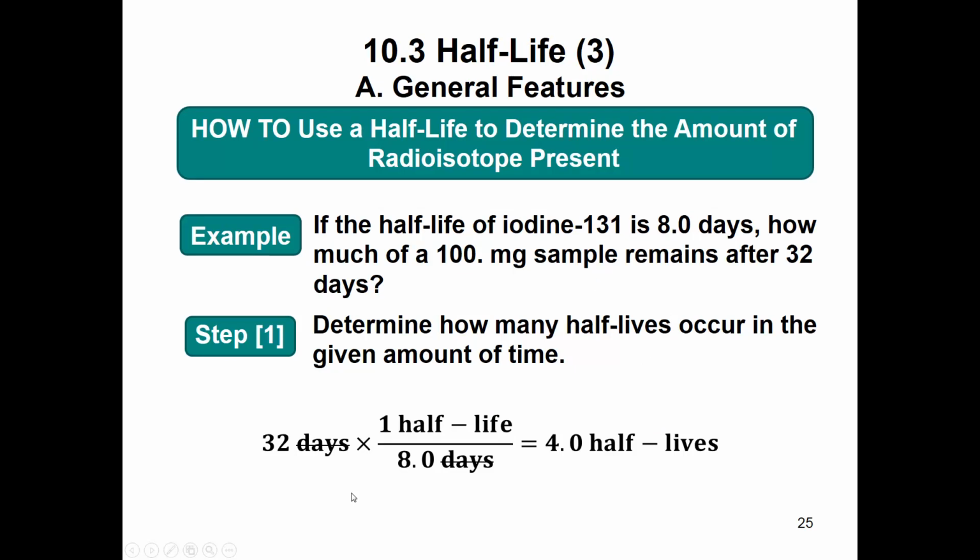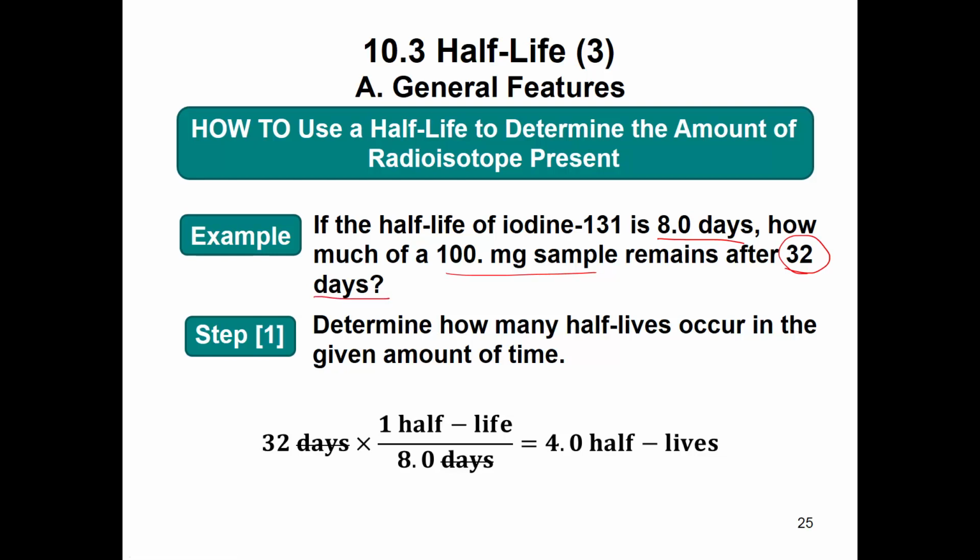So how we use half-life is we can say, okay, if I'm going to administer iodine-131 to destroy some hyperactive thyroid tissue, and its half-life is 8 days, I'm going to give a 100 milligram sample to a patient, and I'll need to know how much will be left in their body once they go a month, like 32 days.